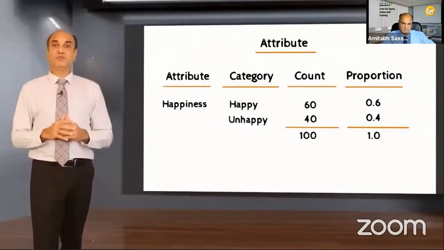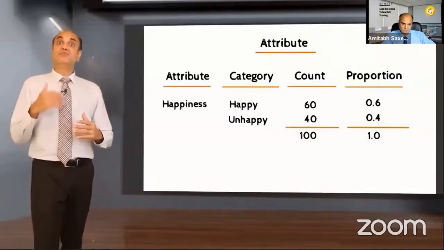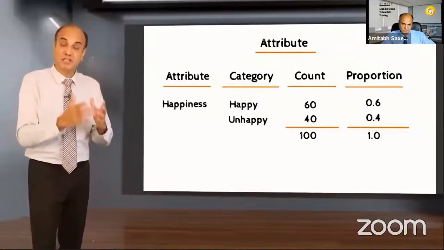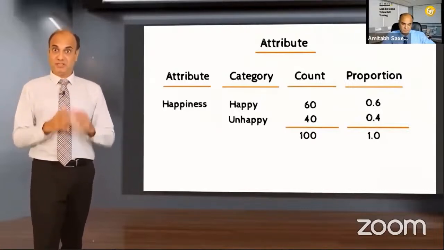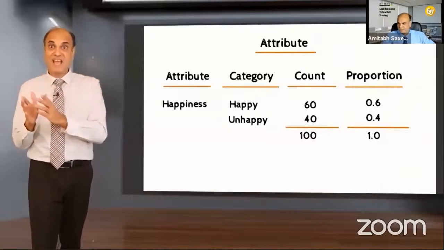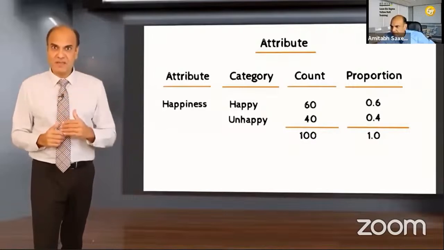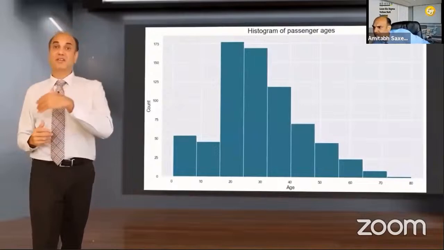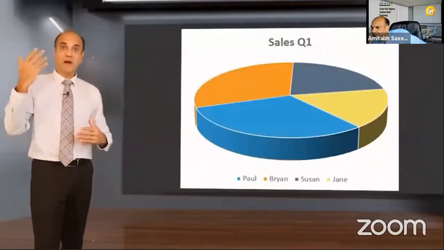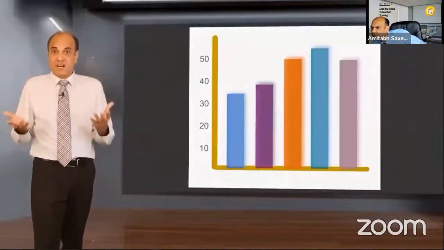It is very important to know the difference between continuous and attribute data, because the tools which you are going to use in the measure and analyze phases depend on what type of data you are dealing with. If you are dealing with continuous data, then you might use histograms. If you are dealing with attribute data, you may use pie chart or Pareto charts or bar charts.